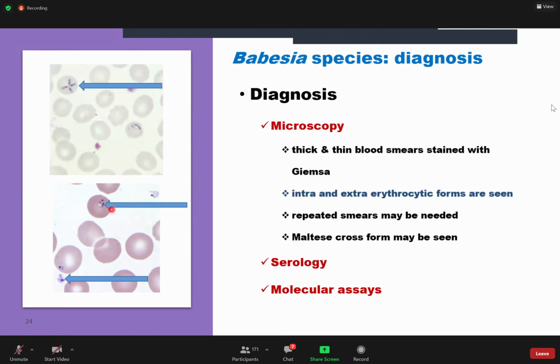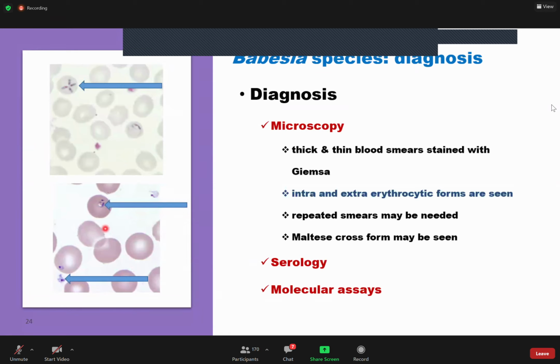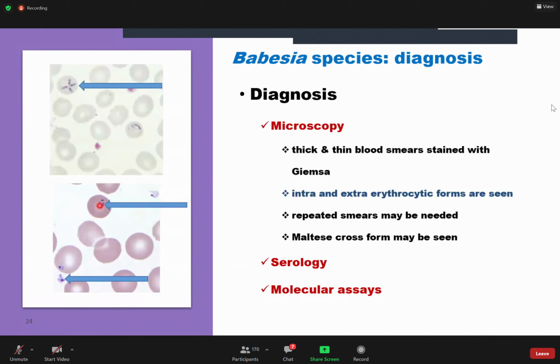Now, if you look at this particular parasite, you have the double chromatin, the headphone appearance. Remember we discussed that with the malaria parasite, P. falciparum, right? So this looks like it, but there is this pale non-staining area. You may think it's an artifact, but it is not.